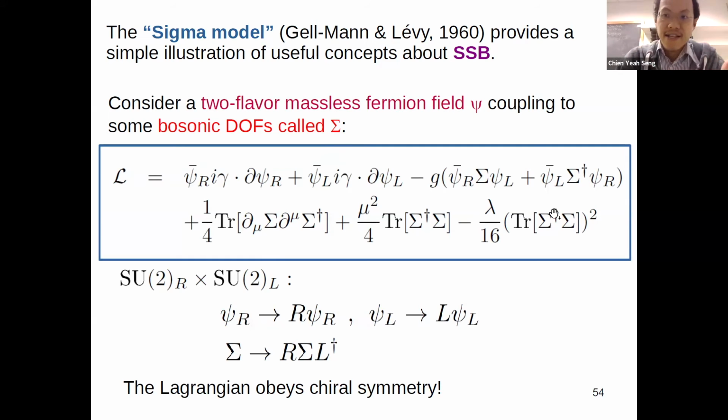Now, this Lagrangian would satisfy an SU(2)_L times SU(2)_R chiral symmetry if the right-handed and left-handed fermion fields transform this way, and the sigma field transforms as R sigma L dagger. Of course, this makes the coupling term chirally symmetric, and the fermion term by itself is chirally symmetric, and the sigma term is chirally symmetric.